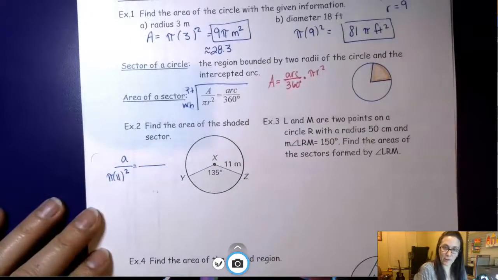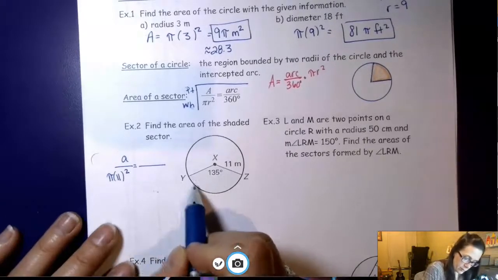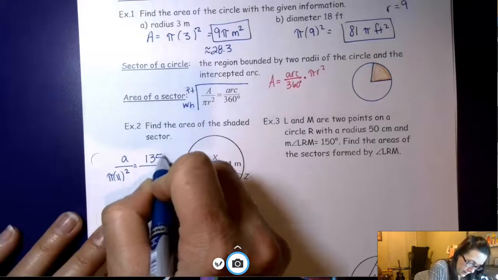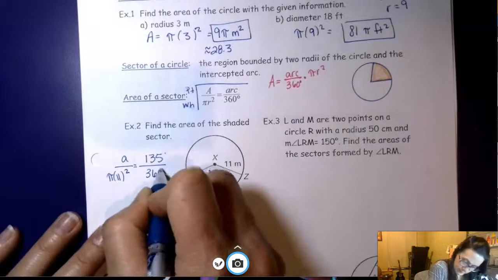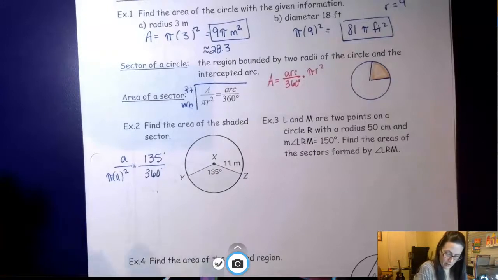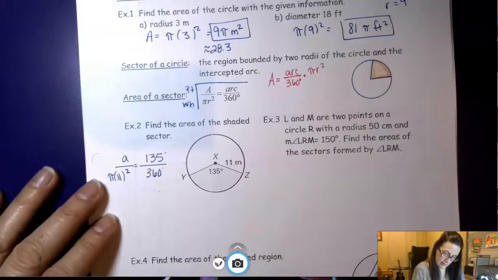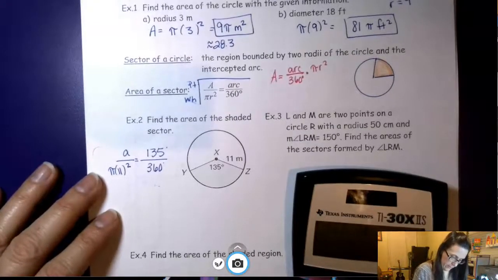See if you can finish this problem on your own, knowing this information. The degree of the arc is 135. The entire degree is 360. Okay, well, I can divide these both by, let's see, 135 divided by 4.